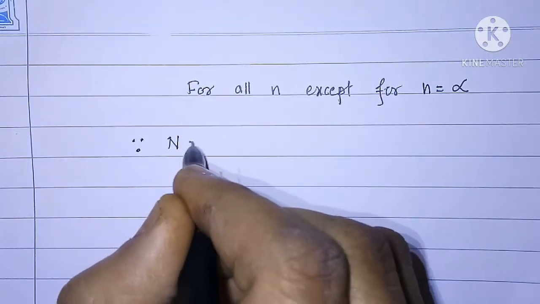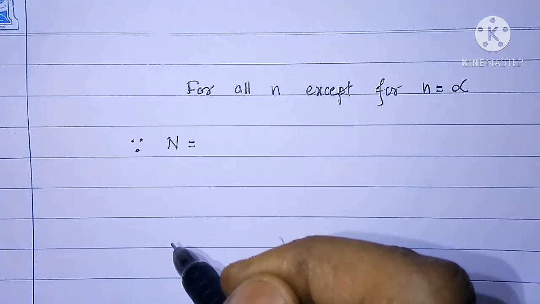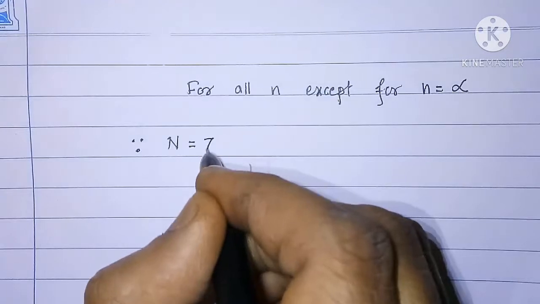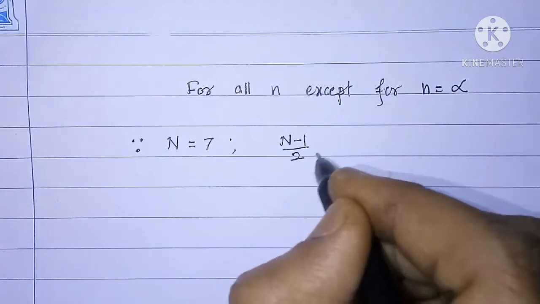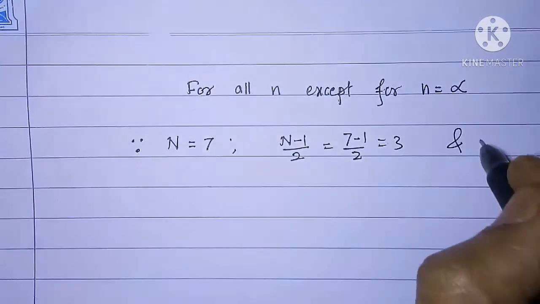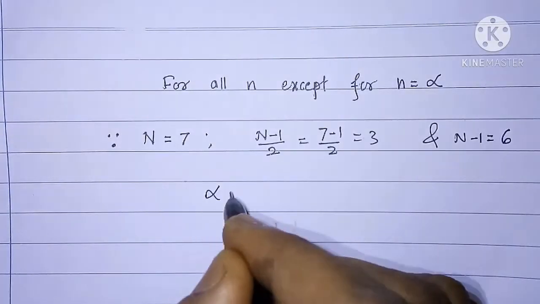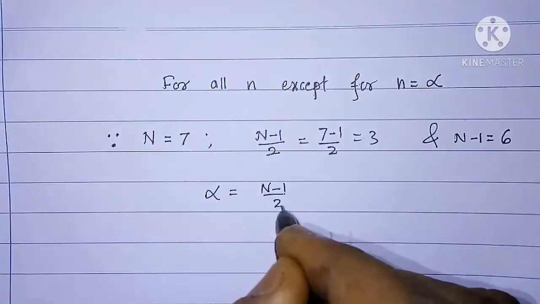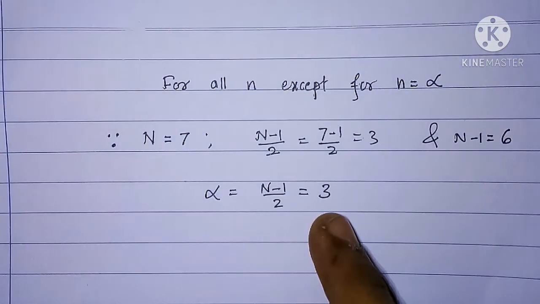Since capital N is given as seven, N minus 1 by 2 is 7 minus 1 by 2, that is equal to 3, and N minus 1 is equal to 6. And we know that alpha equal to N minus 1 by 2, and now that is equal to 3. So for n equal to 3, that is alpha, HD of n obtained above becomes infinity.